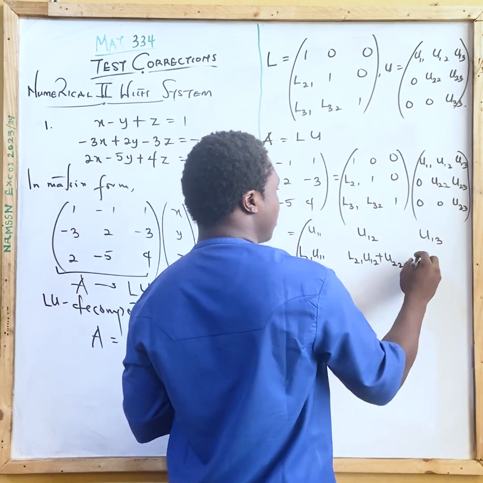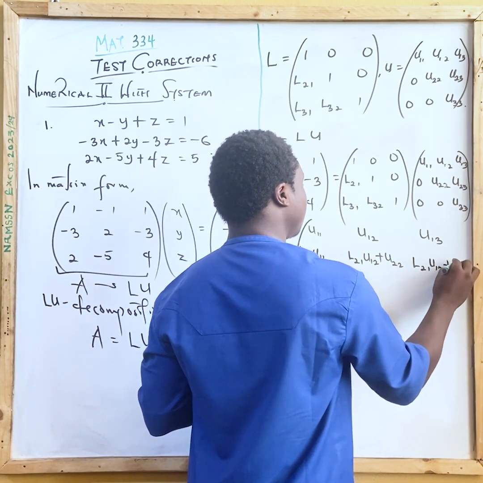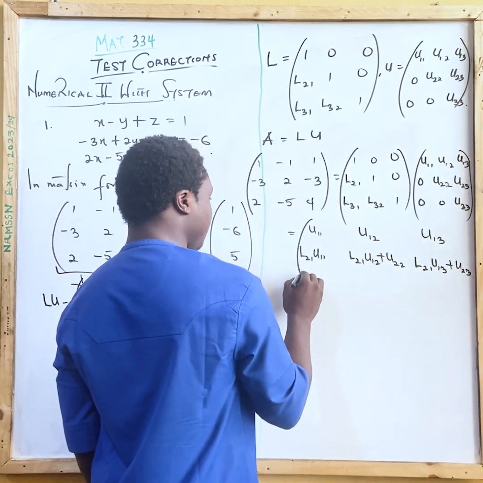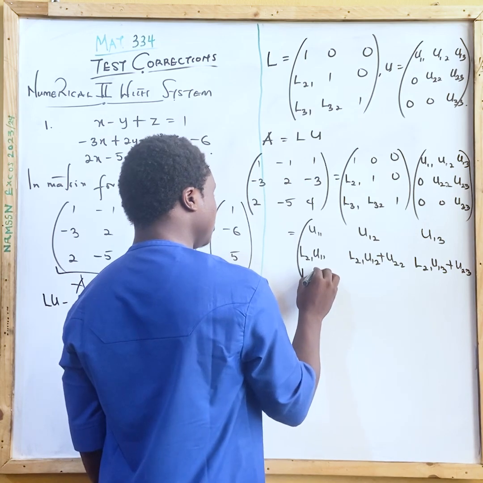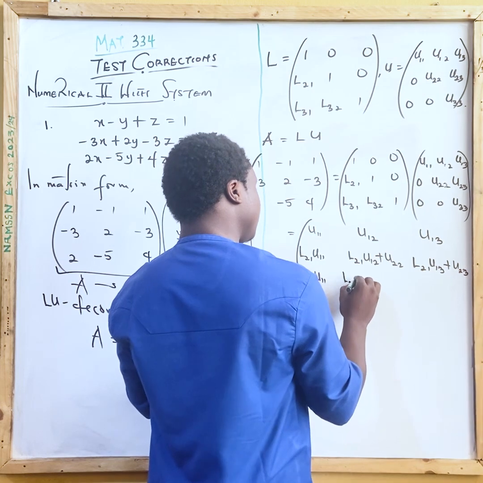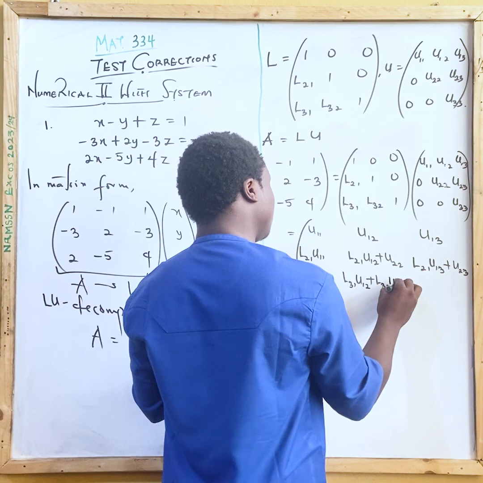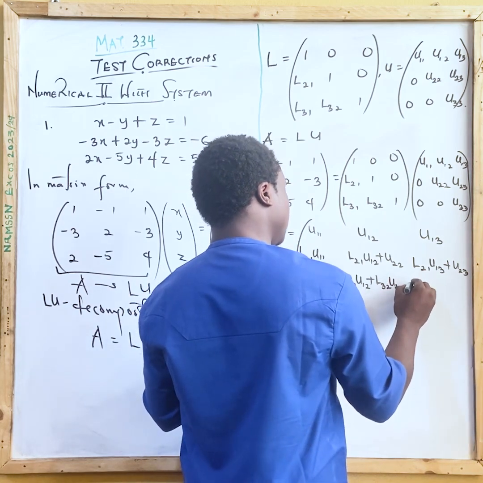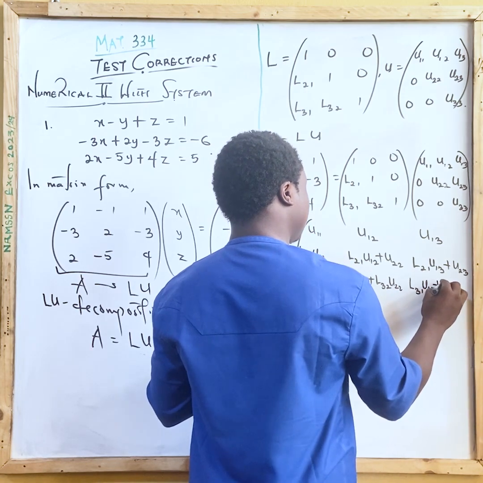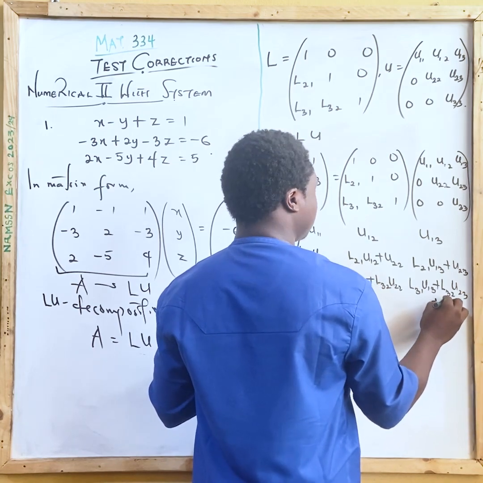For the last entry of that row, I'll have L21 U13 plus U23. For the last row, I will have L31 U11, then L31 U12 plus L32 U22, and for the last one L31 U13 plus L32 U23 plus U33.